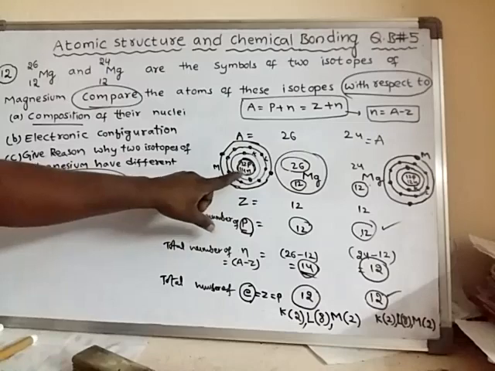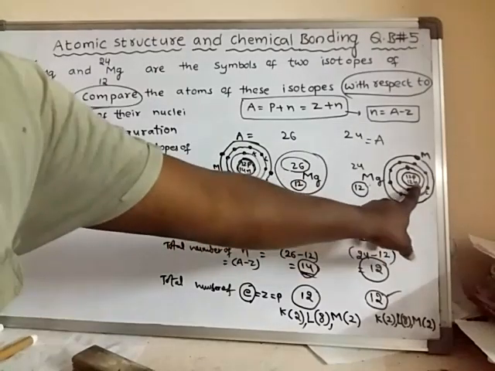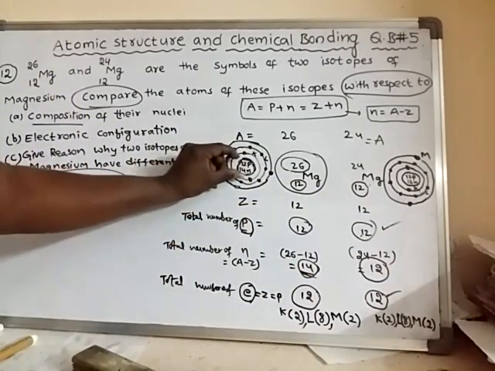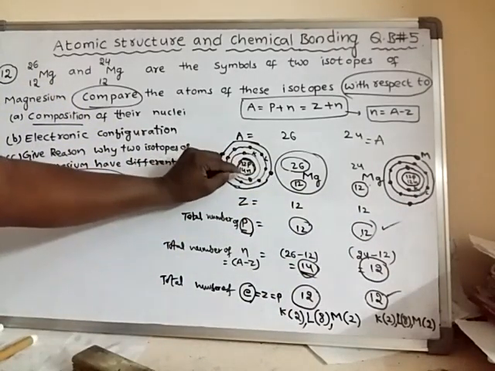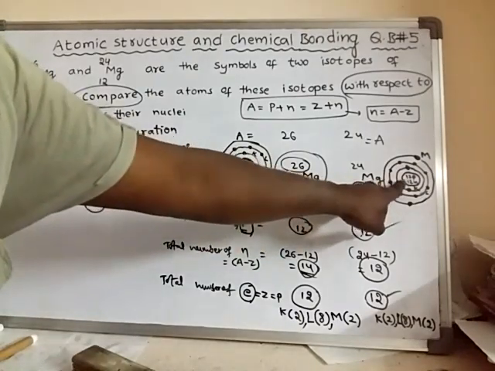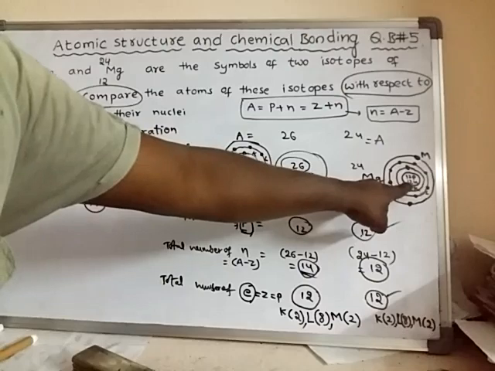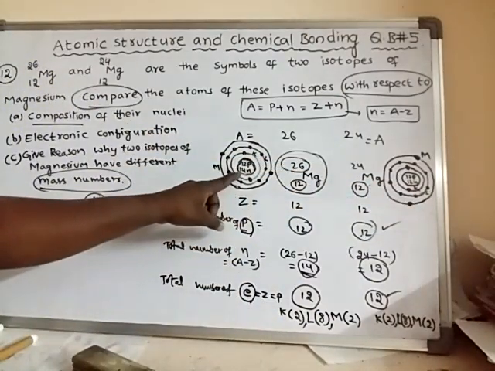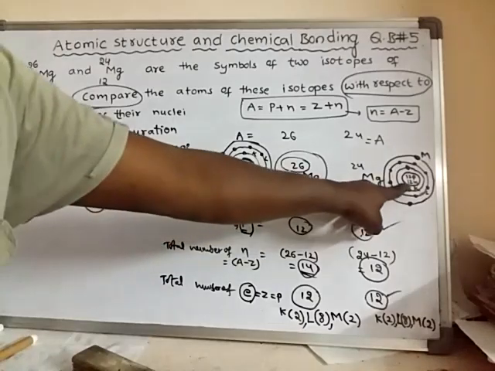This atom contains 14 neutrons, but this atom contains only 12 neutrons. So its total mass is 12 plus 14, how much? 26. But its mass is only 12 plus 12, hence it is 24. So the mass of this one is 26, whereas the mass of this one is 24.